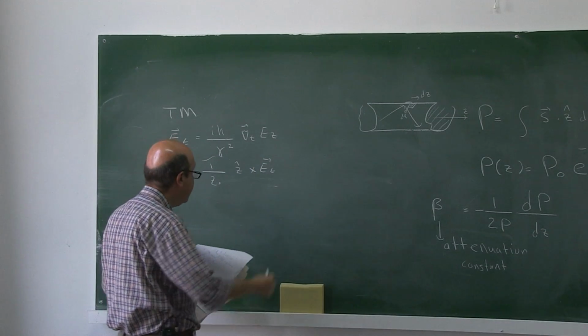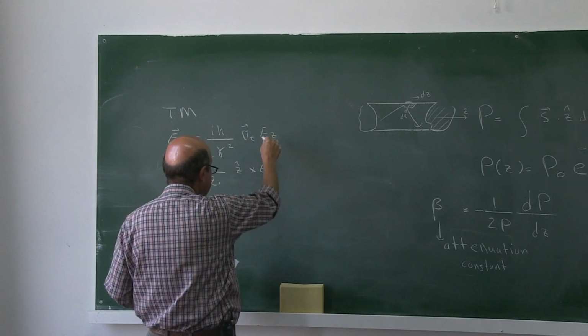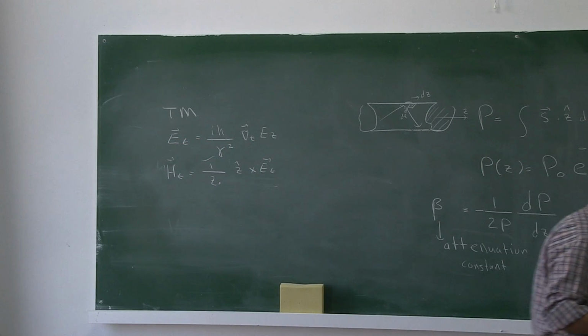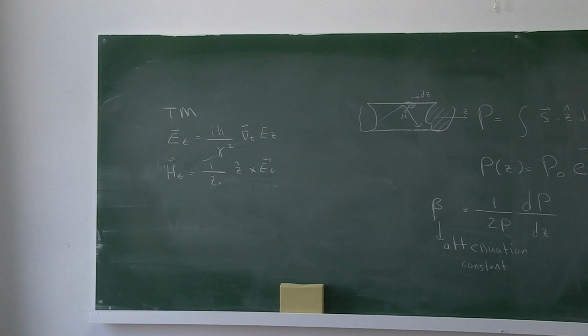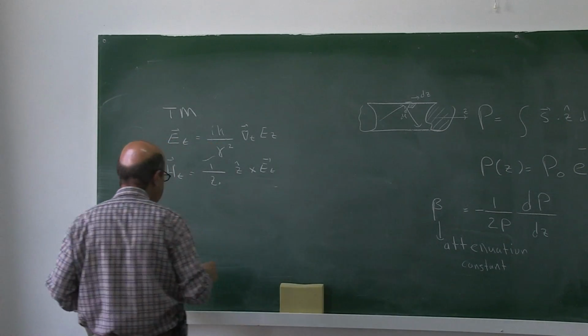For TM waves in the waveguide, we can calculate the Z component of the field by solving the wave equation, which we did for the rectangular waveguide as an example last time.